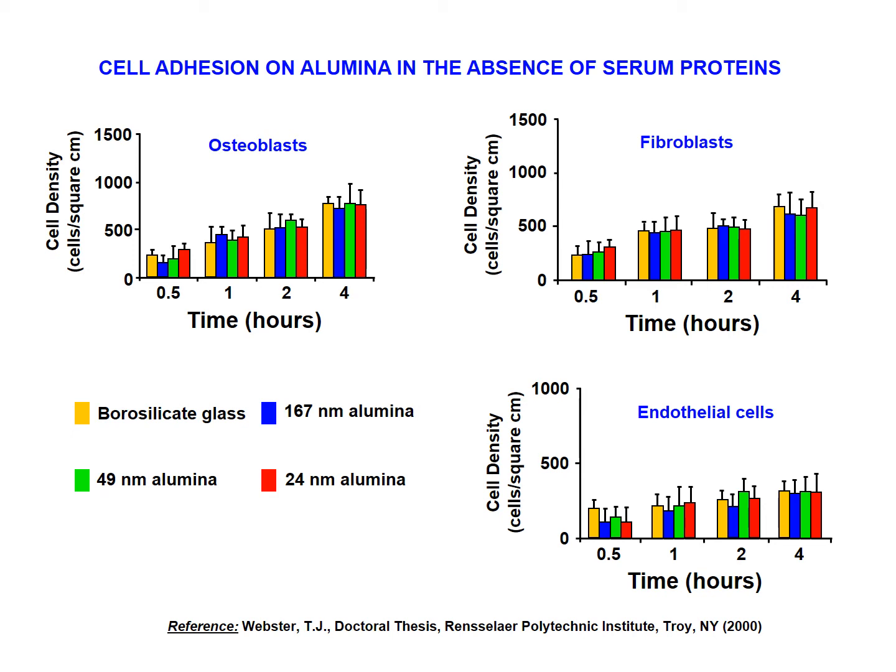This is a busy slide, but the important message is the following. Independent of whether the cells interacted for half hour, 1, 2, or 4 hours, and independent of whether the osteoblasts and the fibroblasts and the endothelial cells were the cells investigated, the interaction was very low and there was no difference between how the cells interacted or how many cells interacted with the nanostructures versus the conventional ceramics.